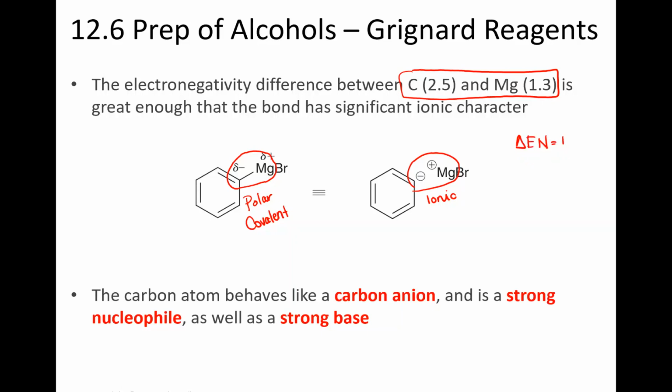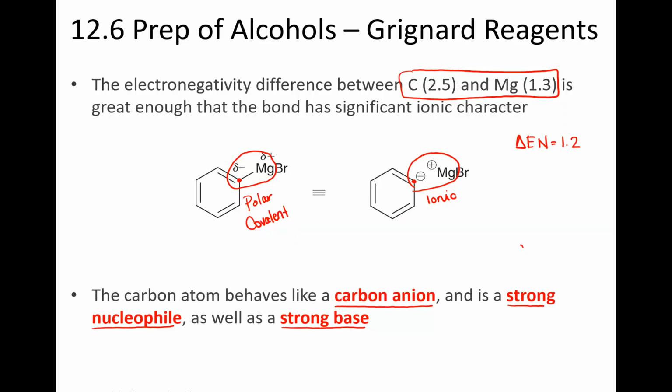And that's technically polar covalent, but it has a lot of ionic character. So the bottom line is this particular carbon has a lot of negative charge. Whether or not it's a full negative charge or a partial negative charge, it still has a lot of negative charge. And so essentially it's like a carbon anion, and as a result will function as a strong nucleophile as well as a strong base.